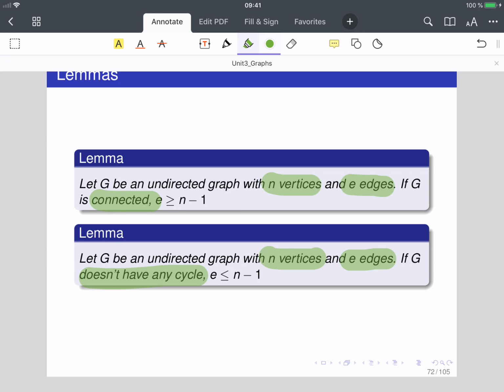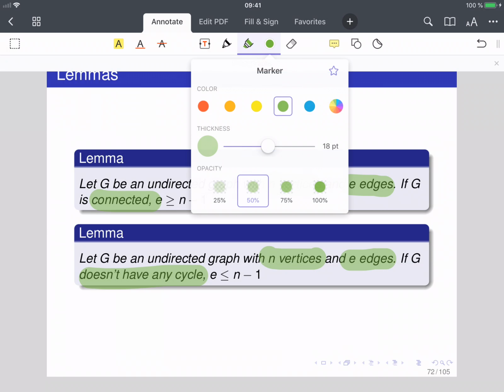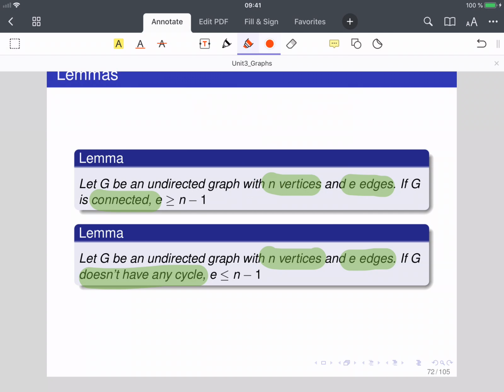Okay, so the first thing that I'm going to prove is that if the graph does not have a cycle, we are always talking about not directed graphs. If the graph does not have a cycle, does not have a simple cycle, remember, we have this relationship between the number of edges and the number of vertices. The number of edges is at most the number of vertices minus 1.